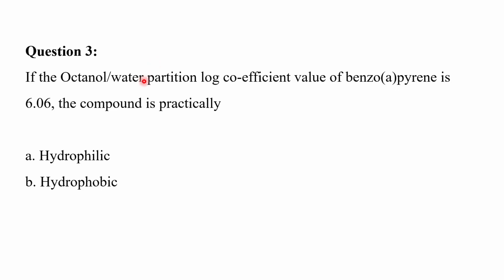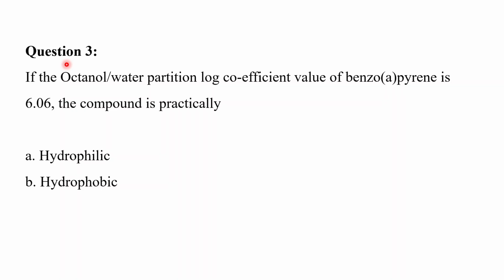So if the compound is hydrophilic, that means the concentration will be higher in water than in octanol, because it will dissolve in water more than octanol. Octanol is an organic molecule. If a compound is hydrophilic, it will get dissolved in water.